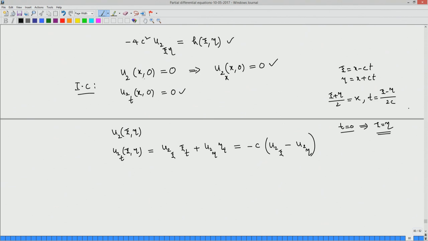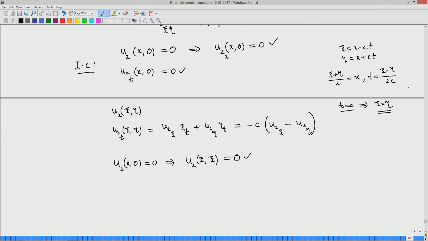So, when you put t equal to 0, u2 at x,0 equal to 0 is nothing but u2 at xi equal to 0. Because I put eta equal to xi, this is the condition in the new variables: u2 of xi is 0.